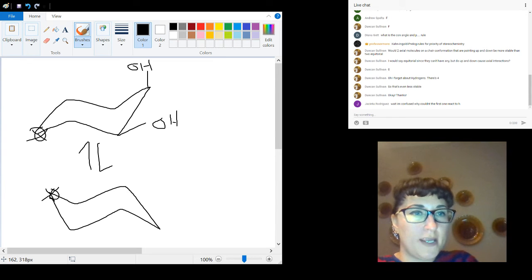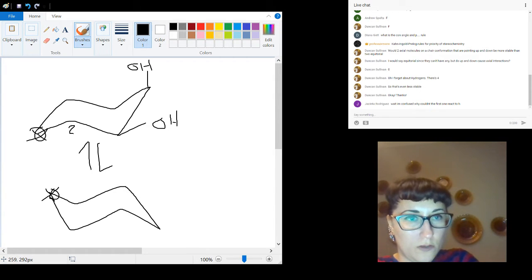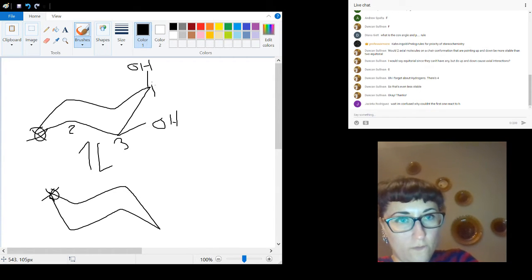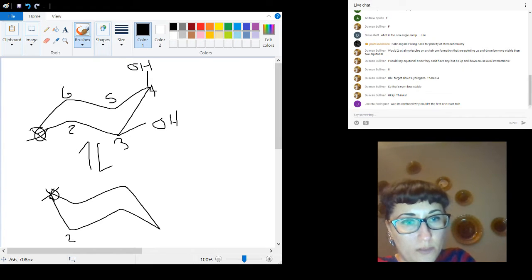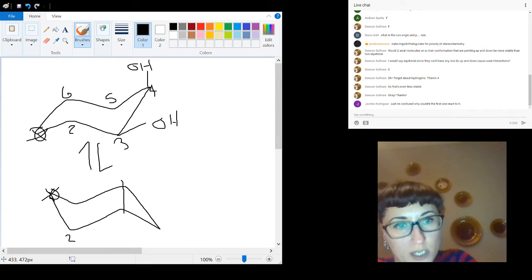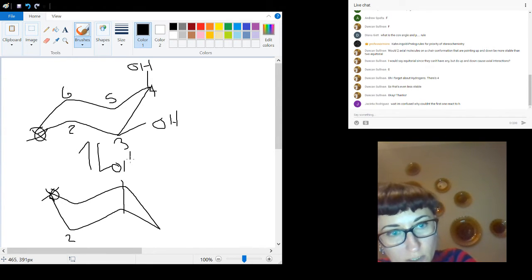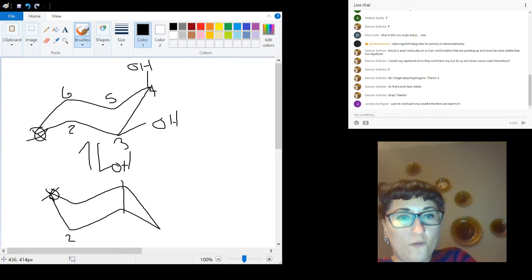So if I count over 1, 2, 3, 4, 5, and 6, that number 3 position would be right here, and is now going to be axial. And the number 4 position is now going to be equatorial.